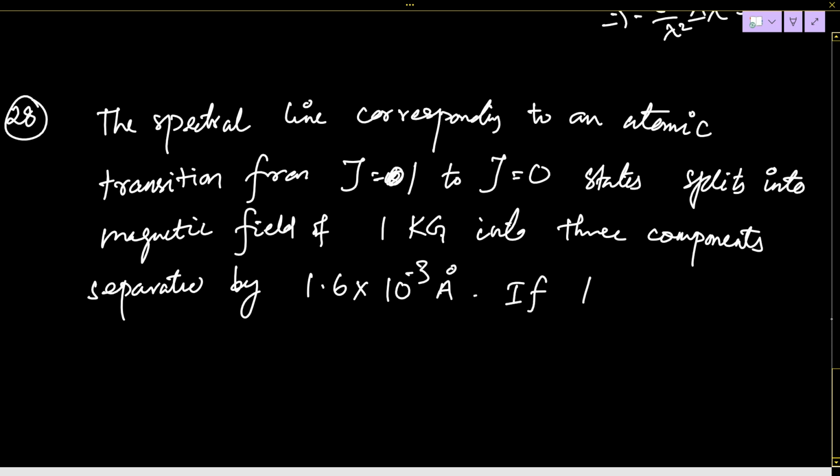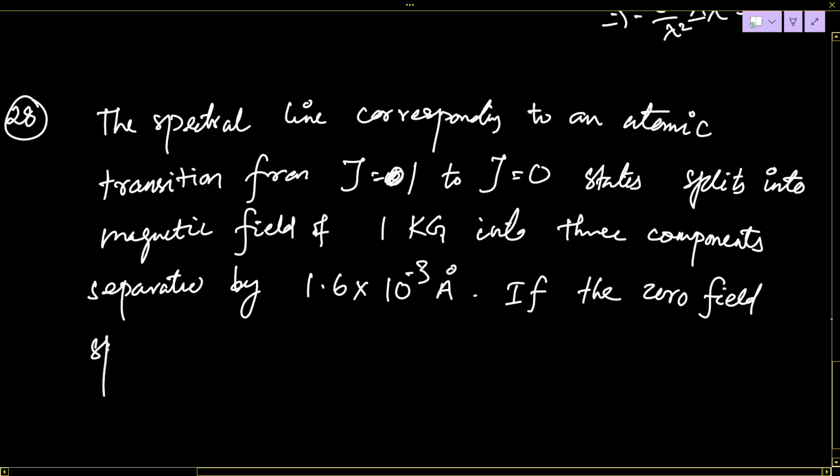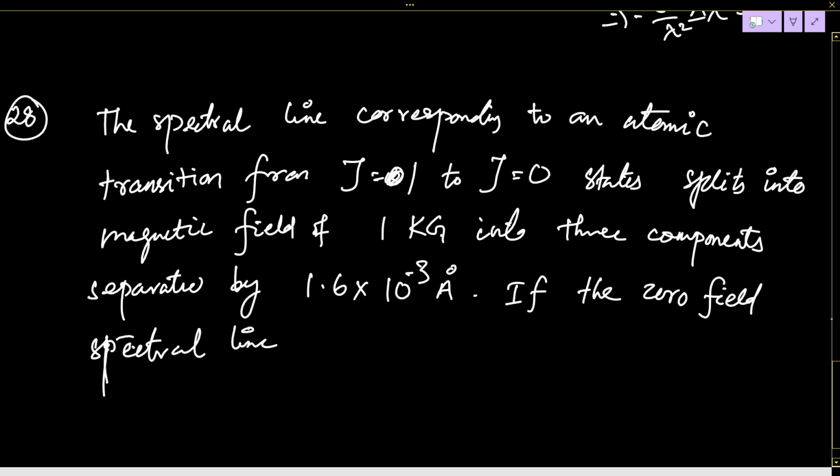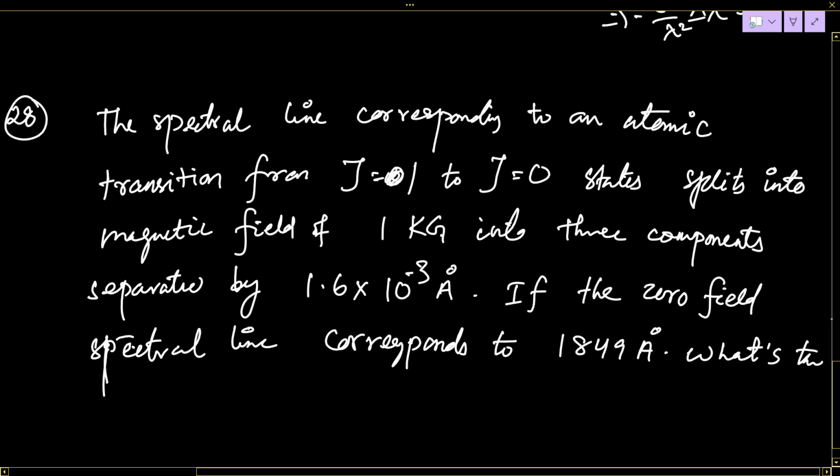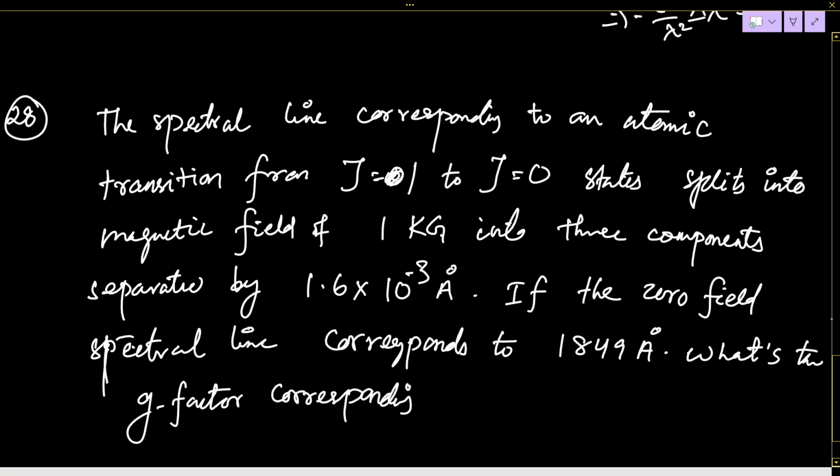If the zero field spectral line corresponds to 1849 angstrom, what is the g factor corresponding to the J is equal to 1 state?